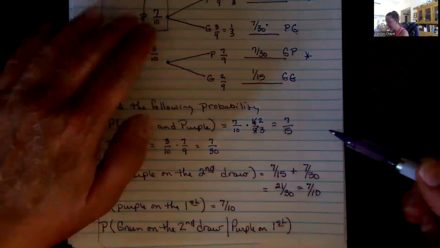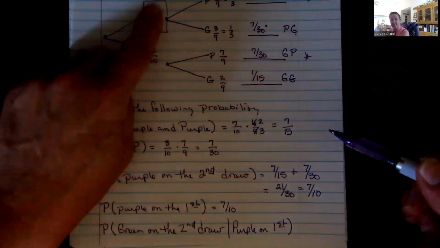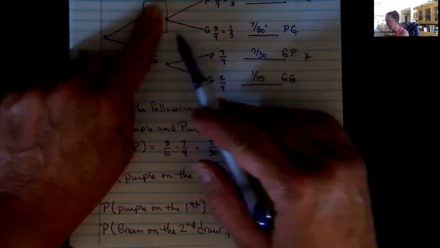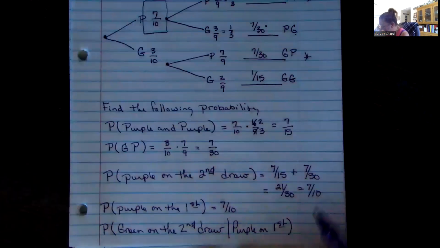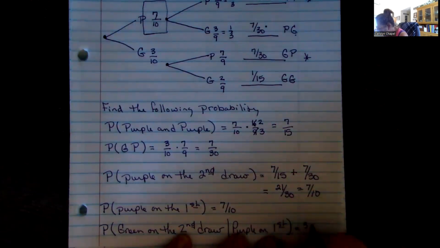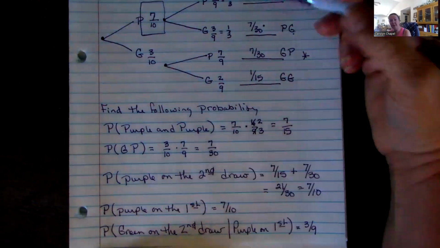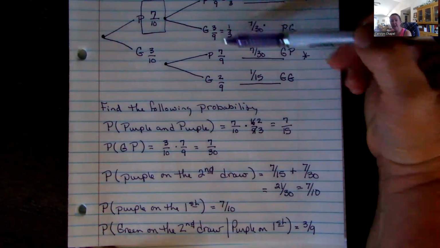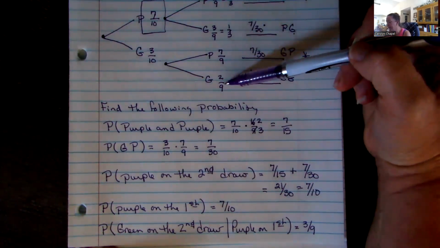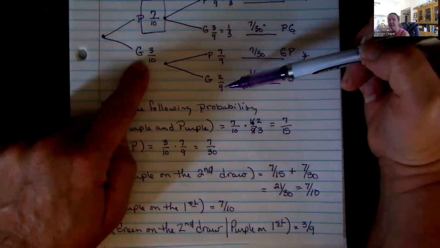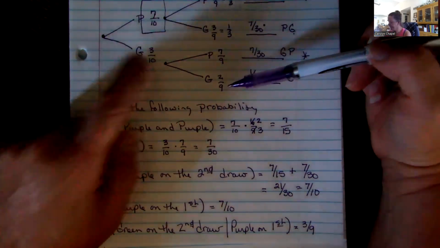Well, that means I'm on this track already, so that's happened. So the probability that my green is the second draw given the purple, that's my 3 out of the 9. So these probabilities that are sitting in here are conditional probabilities based on the happening of the first draw.